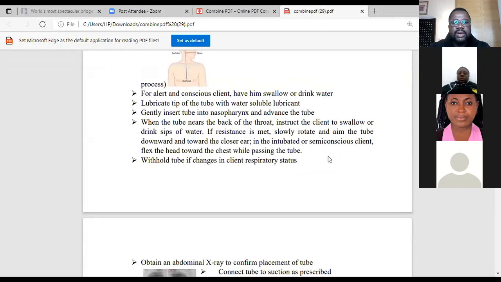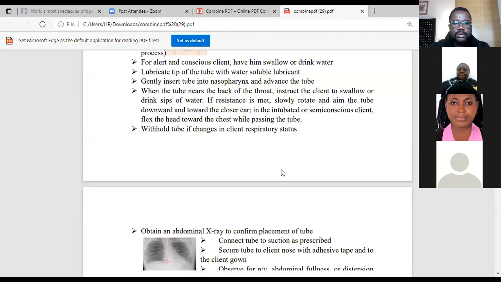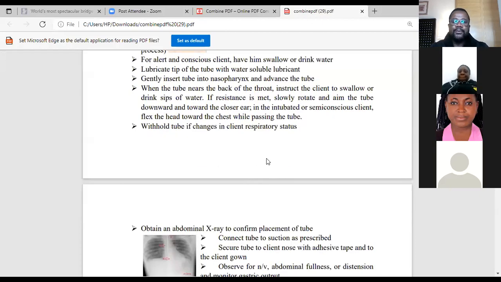Now, in a semi-conscious client, you will have to flex the head towards the chest, bringing the head a little bit ahead while passing the tube. So now, if the client starts coughing, maybe has some respiratory issues, you just have to withhold a bit or withdraw it a little bit and let the respiratory stress subside, and then you continue.